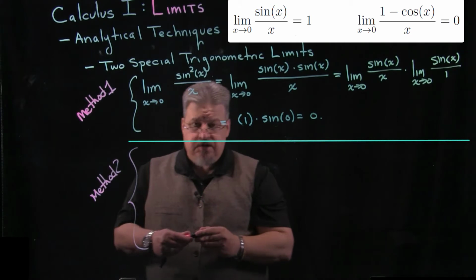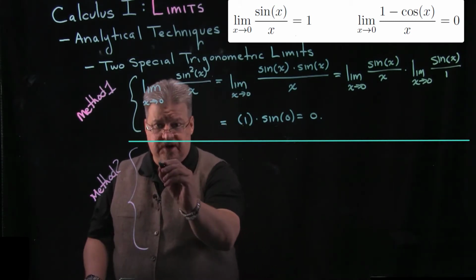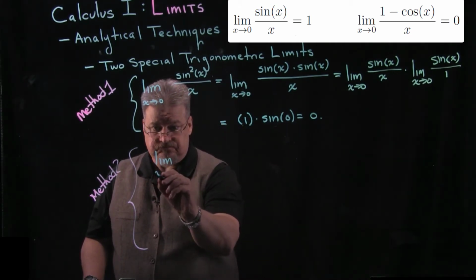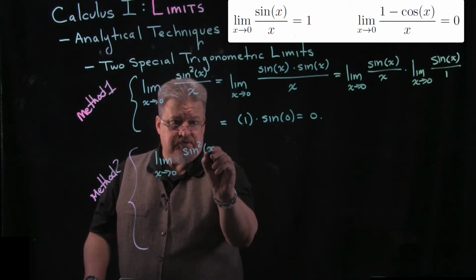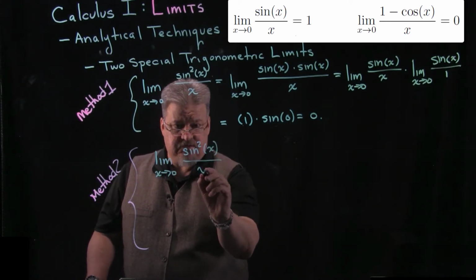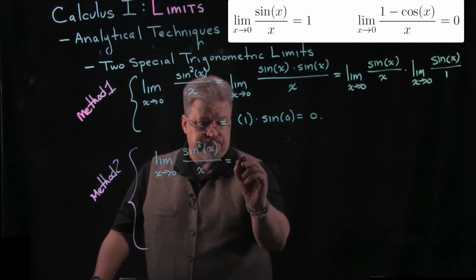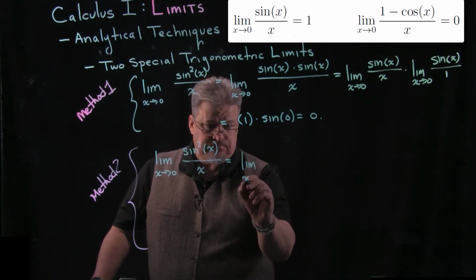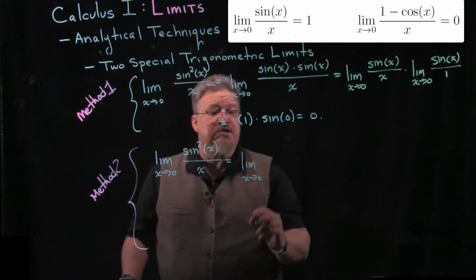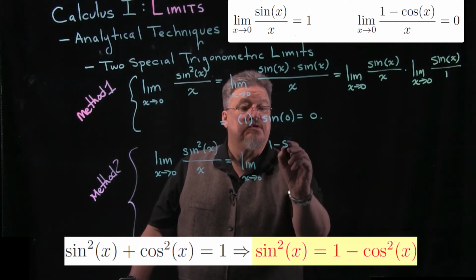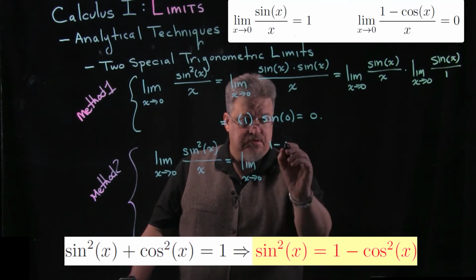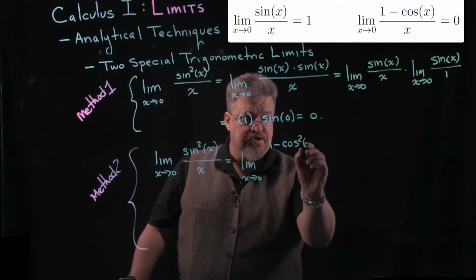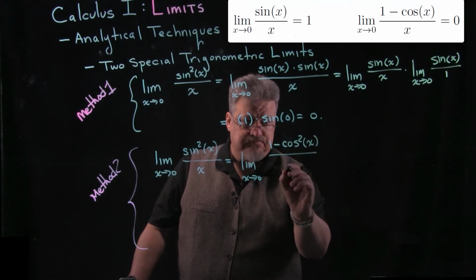All right. So let's rewrite. And we know sine squared is equal to 1 minus cosine squared. So I can replace sine squared with something that it's equivalent to, namely 1 minus cosine squared x.